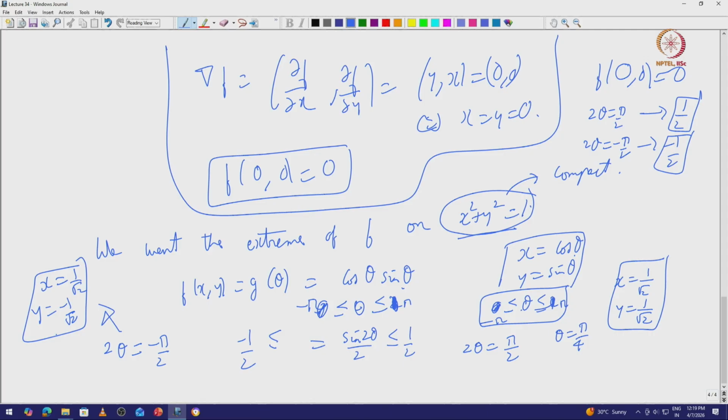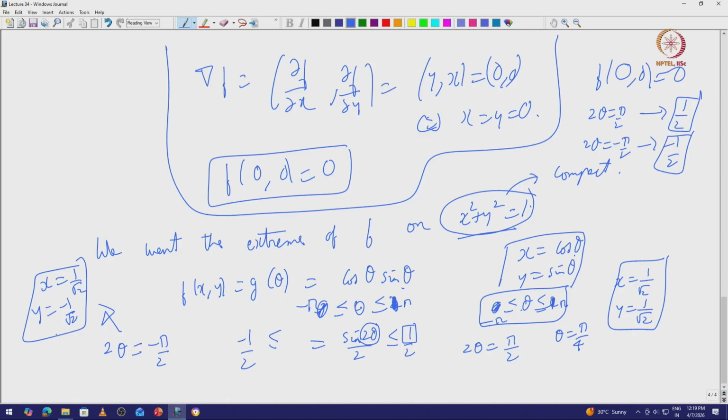But by the way, these are not the only points where we have global extrema. Actually, sine 2 theta is 1, not just when 2 theta is pi by 2, but when 2 theta equals something else as well. I'll leave you to think about this a little bit more.